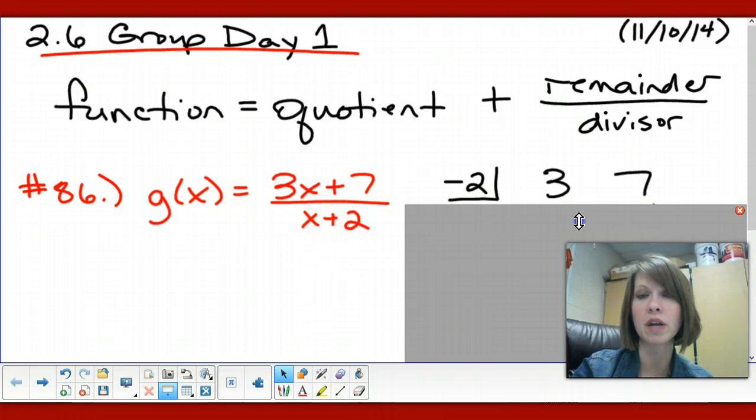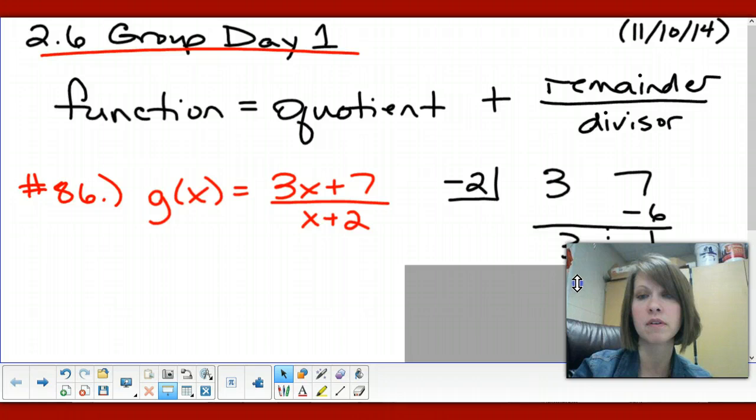Okay, so we're going to bring the 3 down, and then multiply, and then add those together. So the quotient and the remainder over the divisor. Okay, so here's how we're going to write this. The 3, remember, is 1 degree less than what we started with. So this was a linear, 3x to the first. Our 3 is actually just 3, no x's with it.